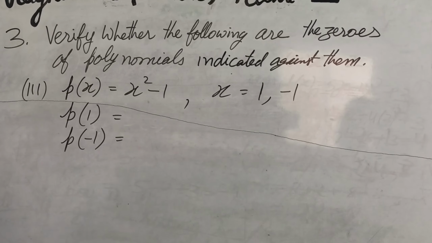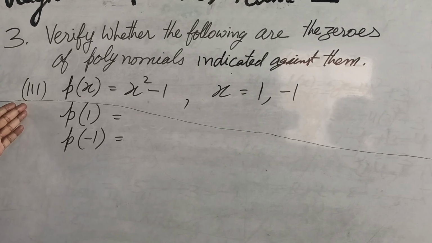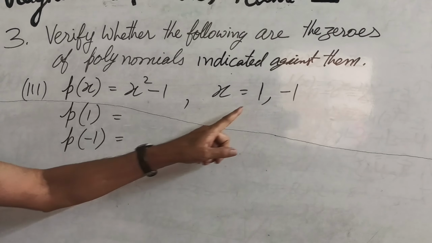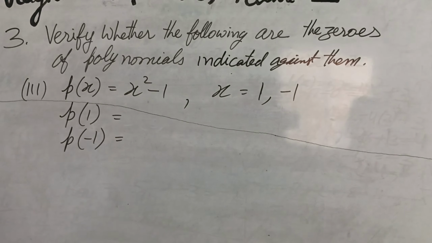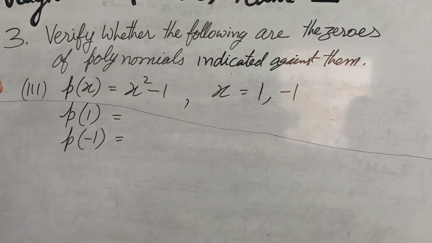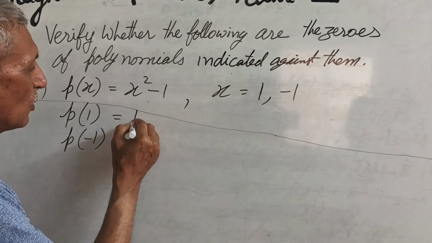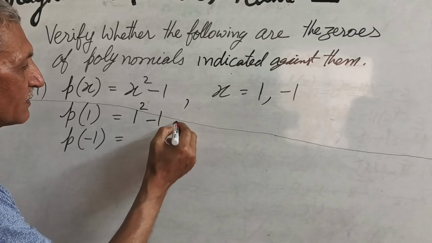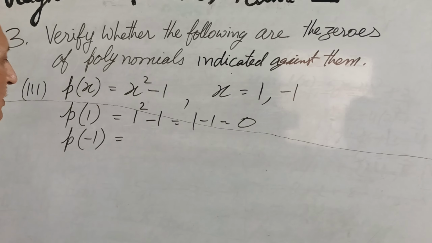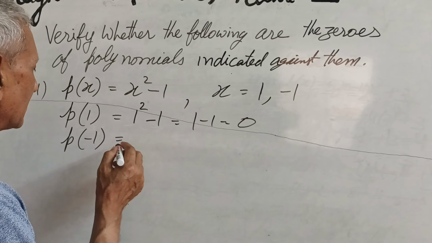Well, question number 3, part 3. We have to verify whether this and this are the zeros of this polynomial. Let's put 1 instead of x first. So this will be 1 square minus 1, that will give you 1 minus 1, that will give you 0. So this is a 0 of the polynomial. Now let's find out this.